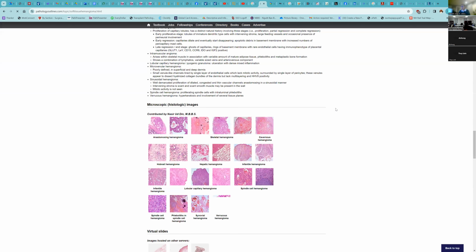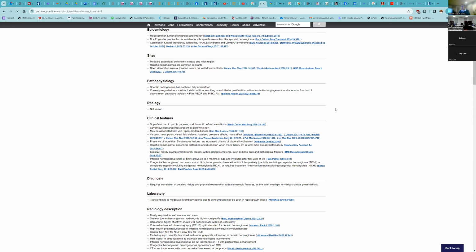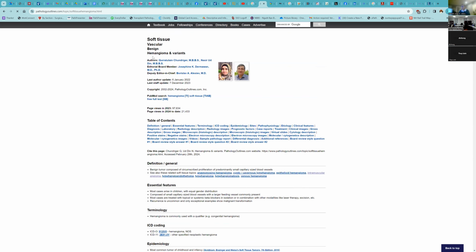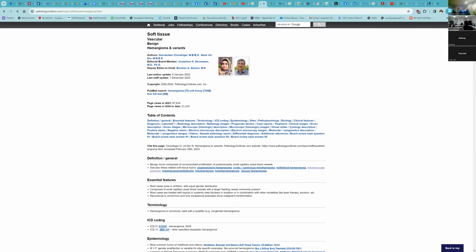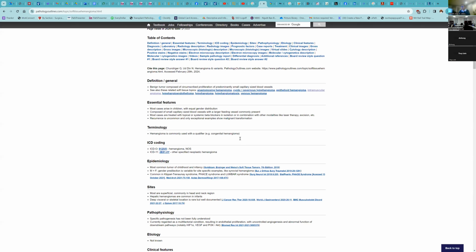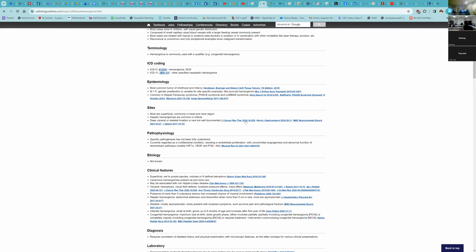So this is Pathology Outlines, a topic page, which in this case is hemangiomas and variants, so benign vascular tumors. And you can see that it has a lot of hyperlinks to differential diagnostic considerations. It has links to articles that may tell you about the epidemiology or about the sites where it occurs and so forth.